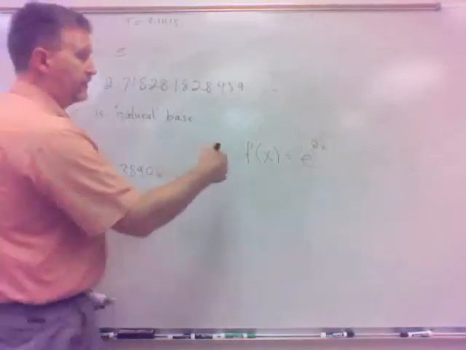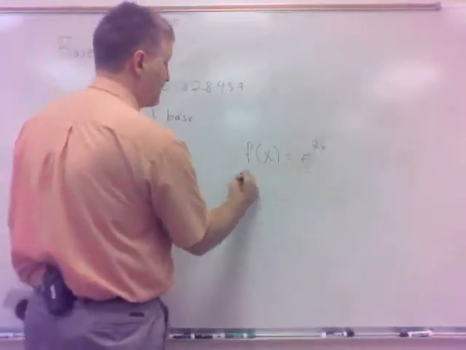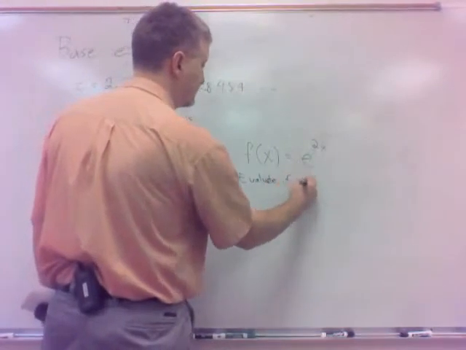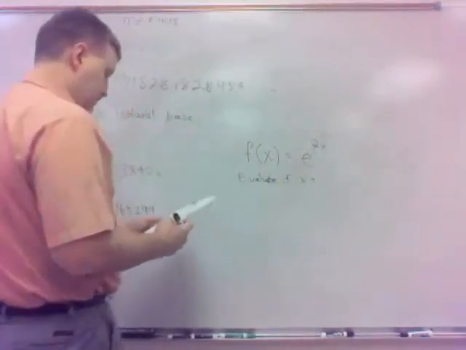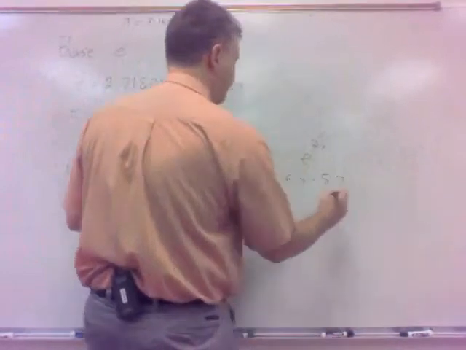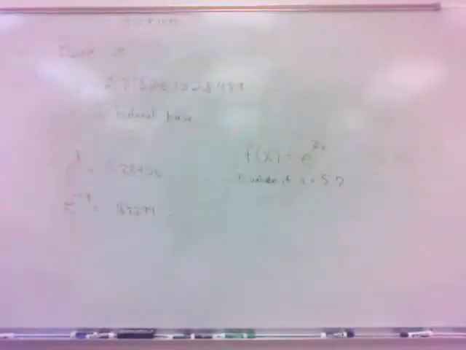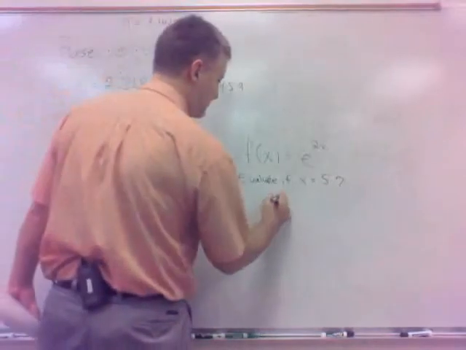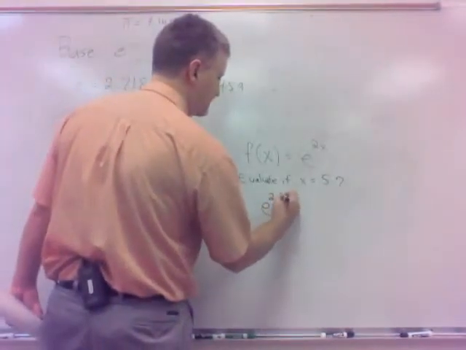So one of the things they'll have you do is evaluate that if x is whatever you want, 5.7. What do we do there? Plug in x to be 5.7. So it'd be e to the 2 times 5.7, right?